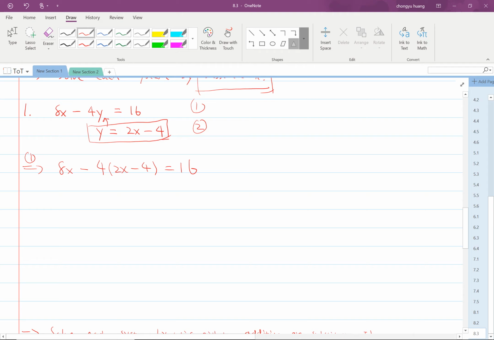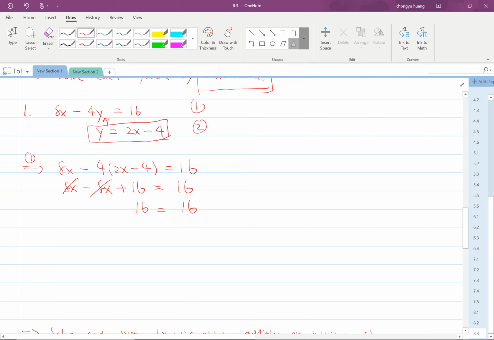Okay, so now you just simplify it. The 8x minus another 8x, and then plus 16 is equal to 16. So the 8x gets canceled, and 16 is equal to 16.